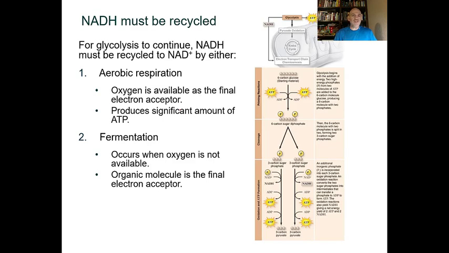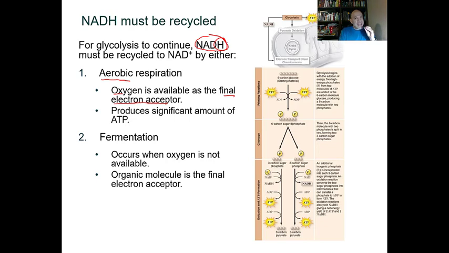If we have oxygen present, this would be aerobic respiration. If you have oxygen present, that oxygen is going to be that final electron acceptor. And where's it accepting it from? It's accepting it from the NADH. Remember, the NADH is carrying this hydrogen with the electron that was taken off of the food molecule, right? That electron has a lot of energy in it.